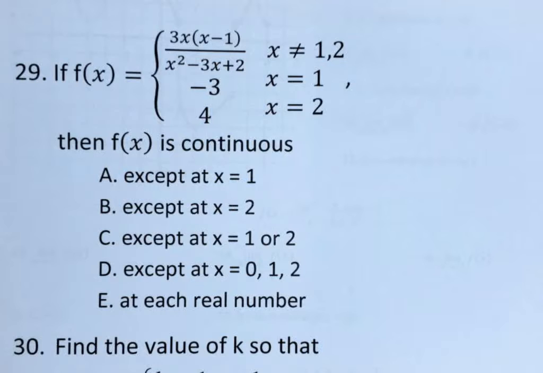How do I know if something is continuous? The limit going to that value is the same thing as the function at that value. So I would start finding the limit and the function at 1, the limit and the function at 2, and then possibly the limit and the function at 0, because they're the numbers that they give me.